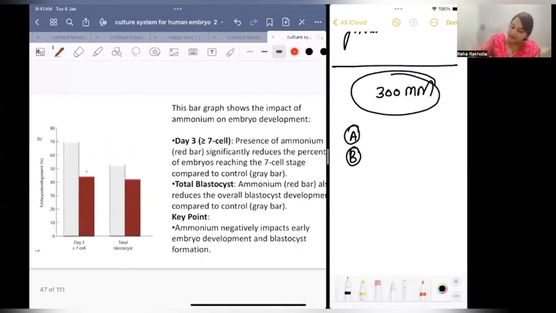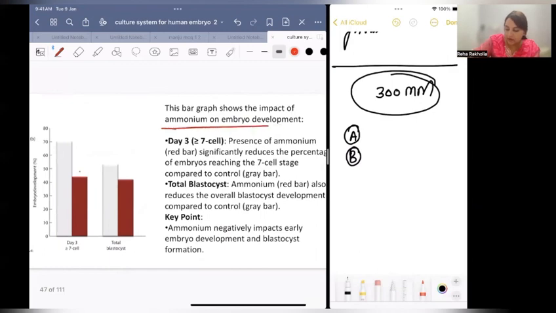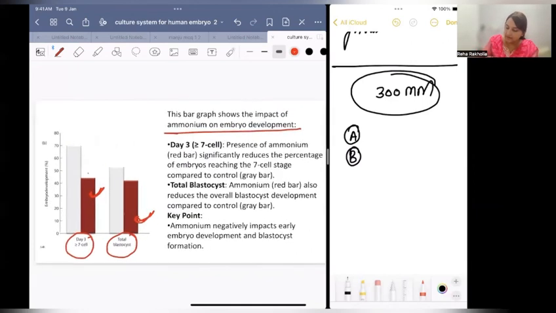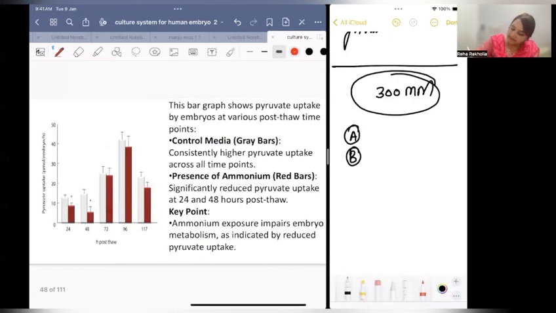Now we can see in this bar graph the impact of ammonia on embryo development. Day 3 embryo development is decreased by ammonia, and total blastocyst development is also decreased by the ammonia. This shows the pyruvate uptake by embryo at various post-thaw time points.